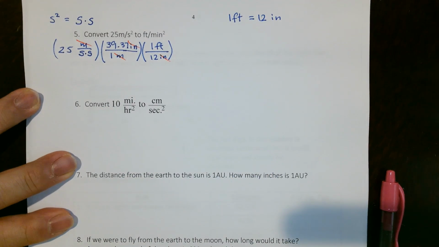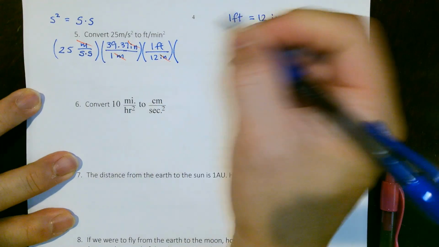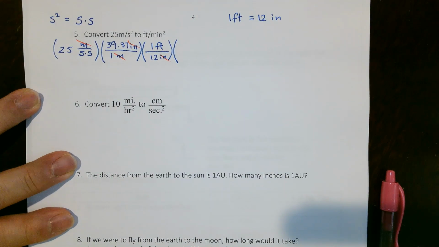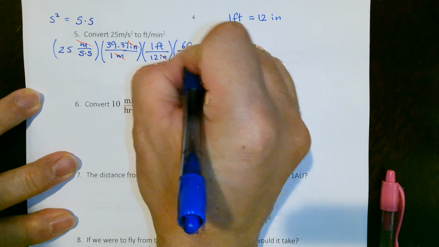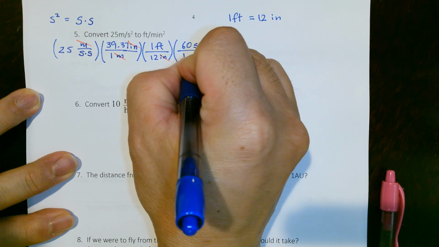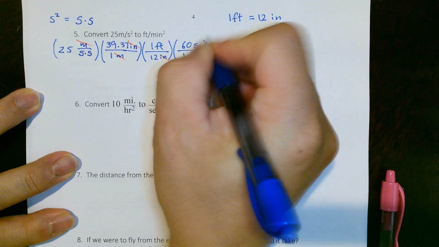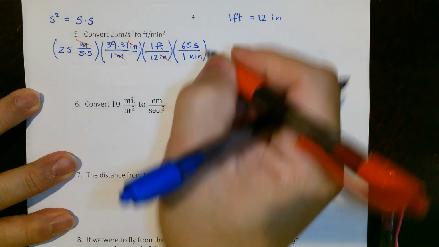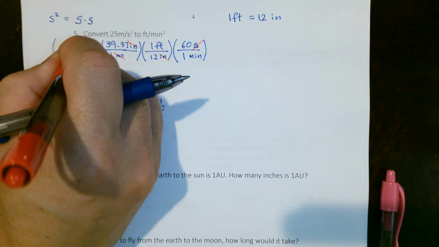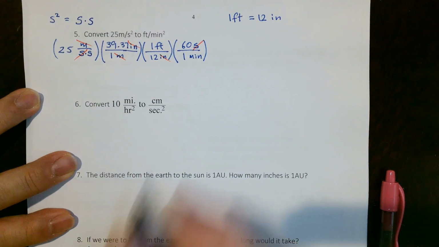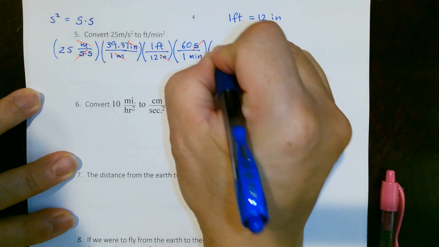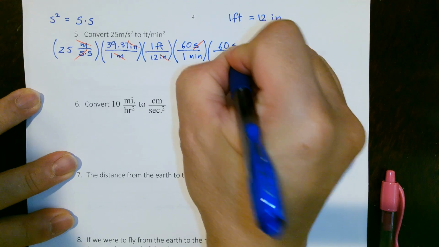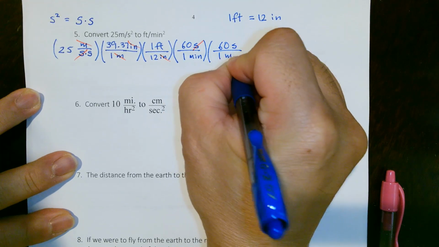feet at the top. However, when we want to convert this second squared into minute squared, we can say there are 60 seconds in 1 minute. But that only takes care of one of the seconds. So we need to do it again, saying 60 seconds is equal to 1 minute.